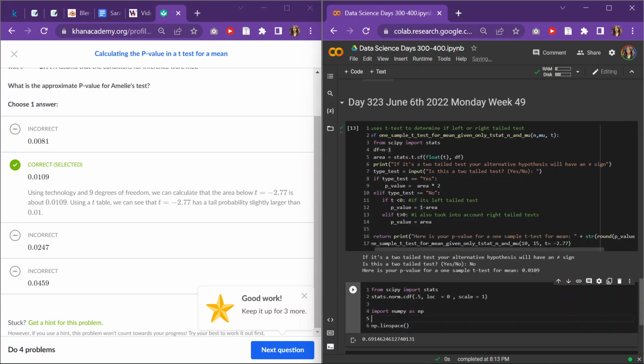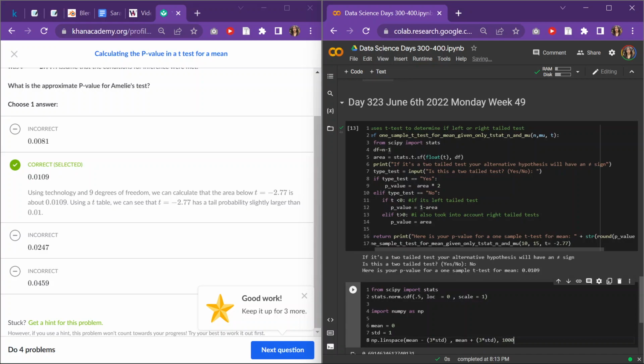So let me set up my variables. My mean is 0. My standard deviation is 1. And so my linspace, I want the start to be my mean minus 3 times my standard deviation, and then my endpoint, I want it to be my mean plus 3 times the standard deviation.